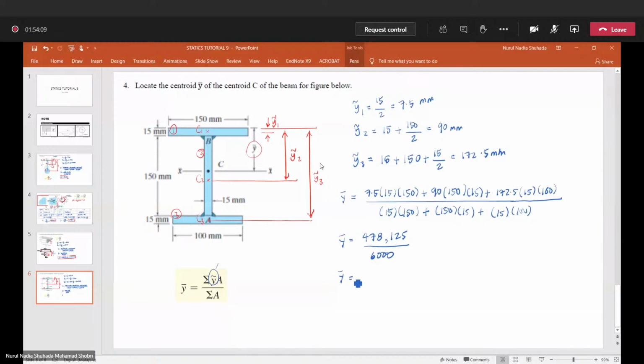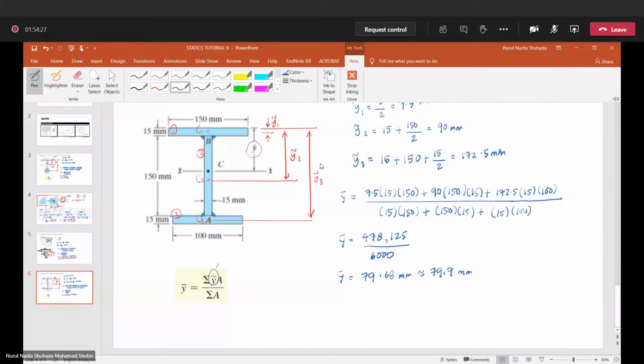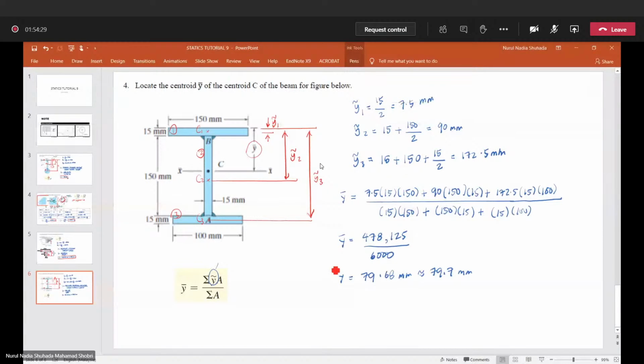So that would equal 79.68 mm, or equivalently 79.7 mm. Okay, so this is the final answer. This is what your friend got, this is how she got the answer.